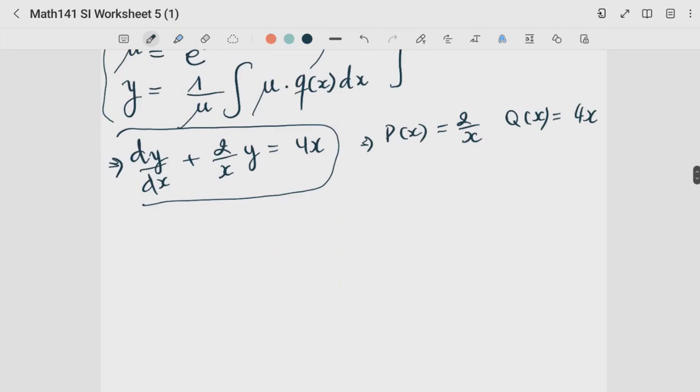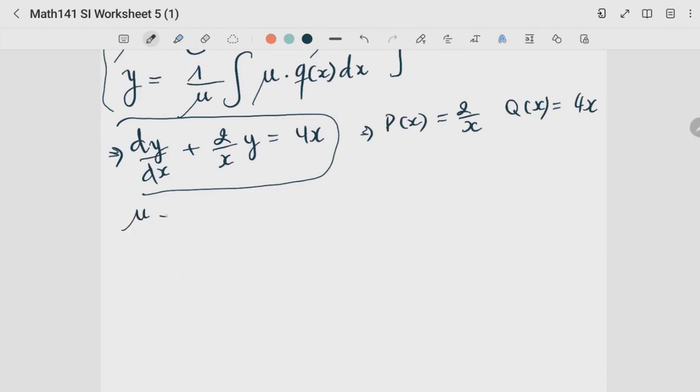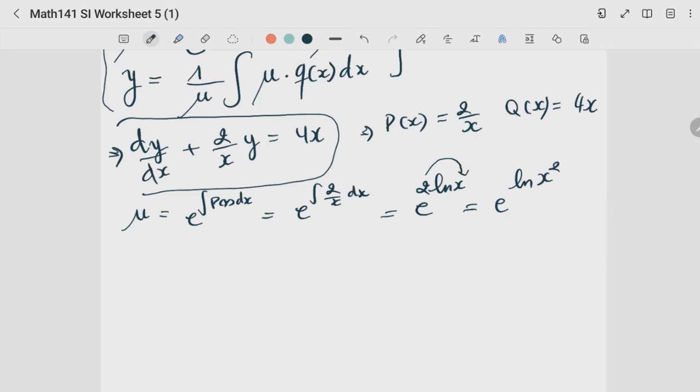So we have that. What does that mean? Well, it means that our mu is equal to e to the integral of p of x dx, which is equal to e to the integral of 2 over x dx, which is just equal to e to the 2 ln of x, which is just the same as e to the ln of x squared, because you can bring the 2 back under the ln, where it becomes an exponent.